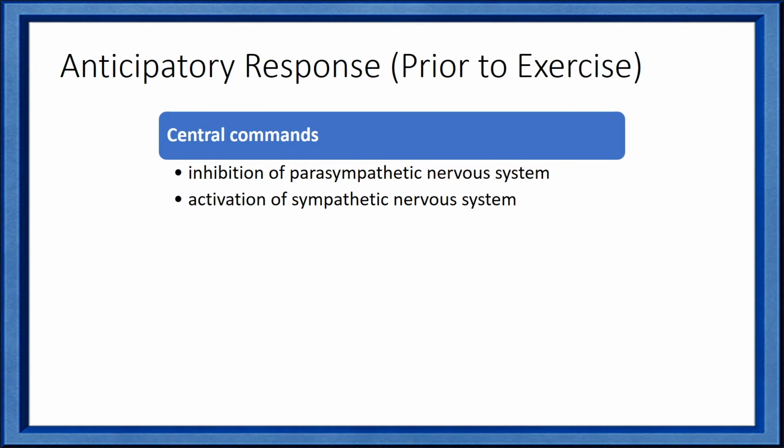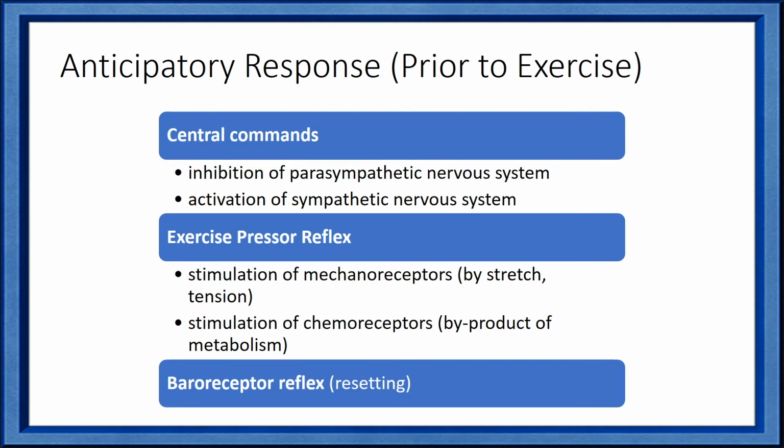In addition to the central command, the integrated cardiovascular response to exercise includes the exercise pressure reflex and baroreceptor reflex. Exercise pressure reflex originates within the exercising muscles itself. Contraction stimulates stretch receptors and may activate chemoreceptors that sense metabolites.